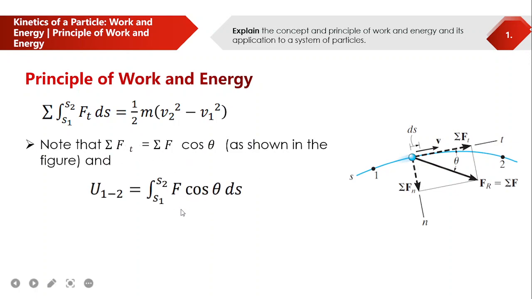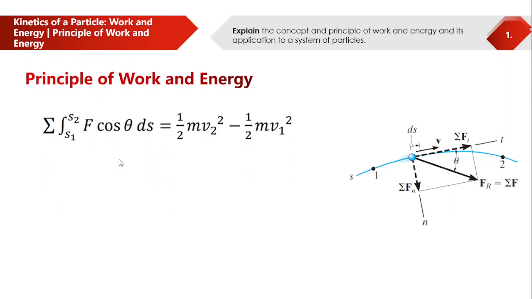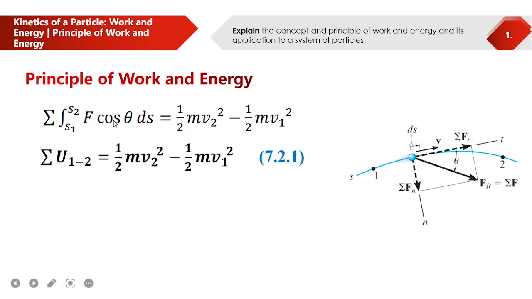Therefore, we can relate this to work. We have U sub 1 to 2 equal to the integral of F cosine theta ds from s sub 1 to s sub 2. This is just the summation of all the work, because this is how we solve for work: F cosine theta ds.